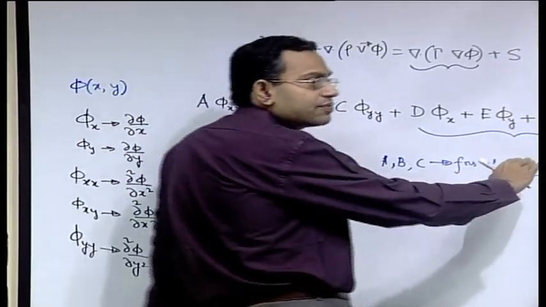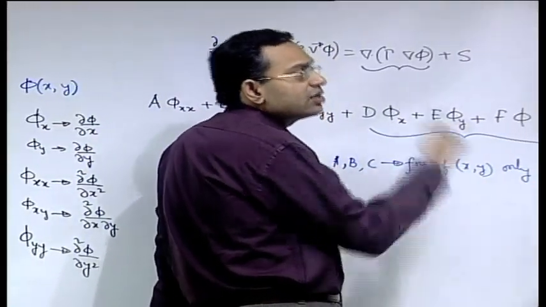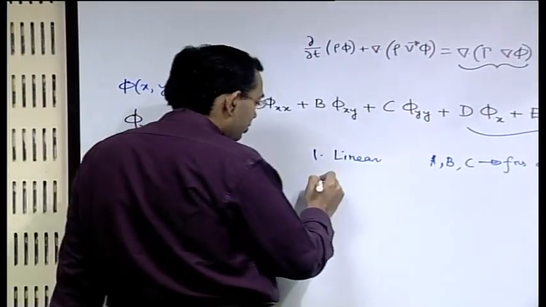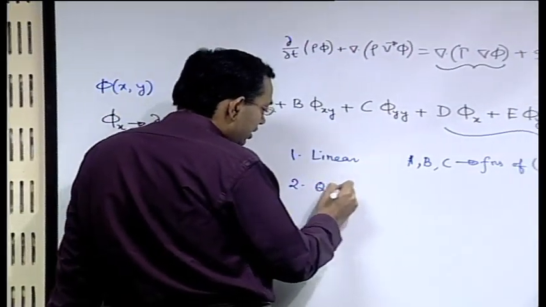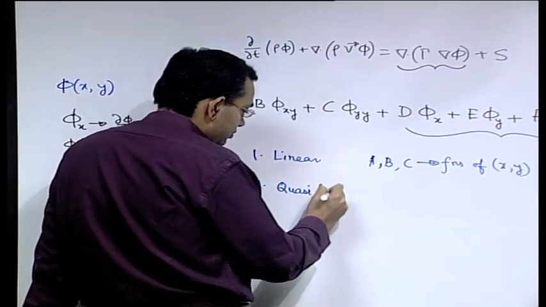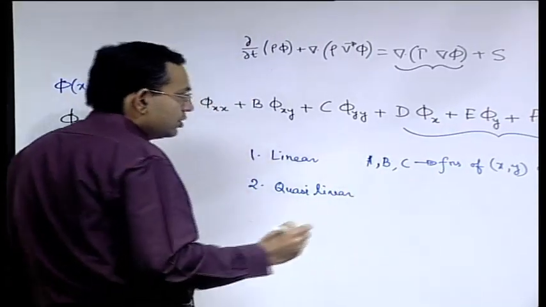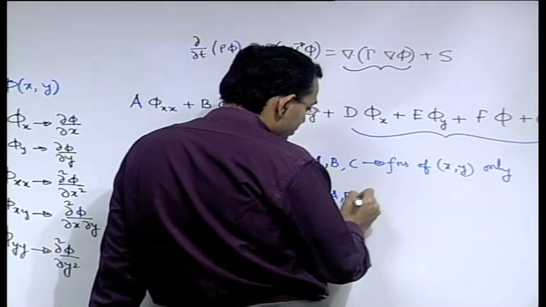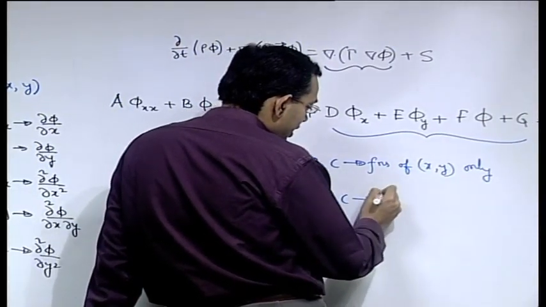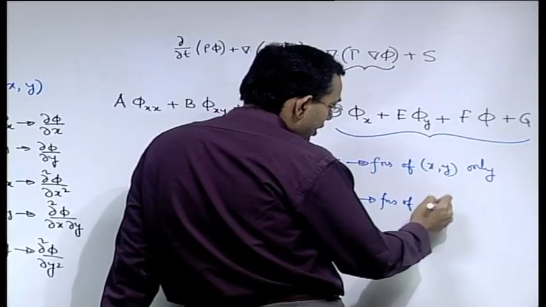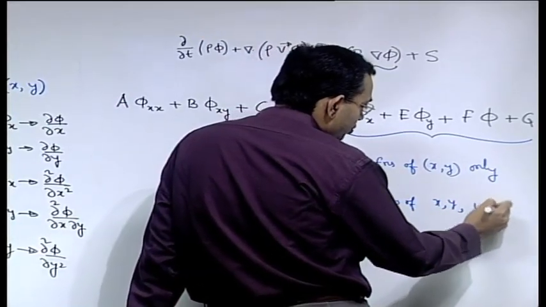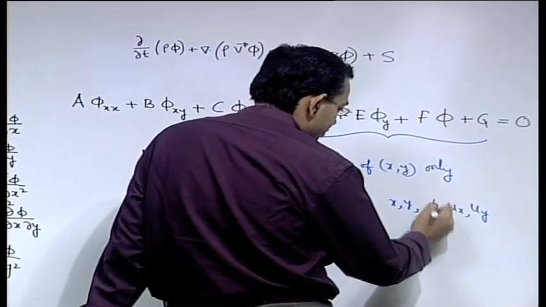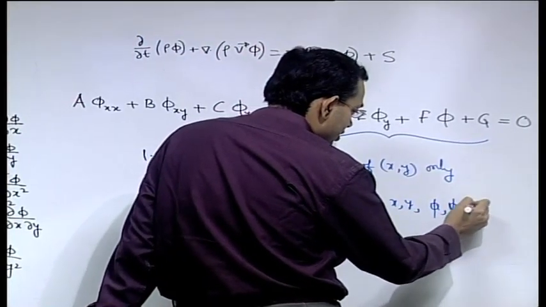If this is not satisfied, we say that it is a non-linear equation, but there are special types of non-linear partial differential equations which are called quasi-linear, where this A, B, C, these are functions of x, y, but also u, ux, uy, or here it is phi, phi x, phi y.